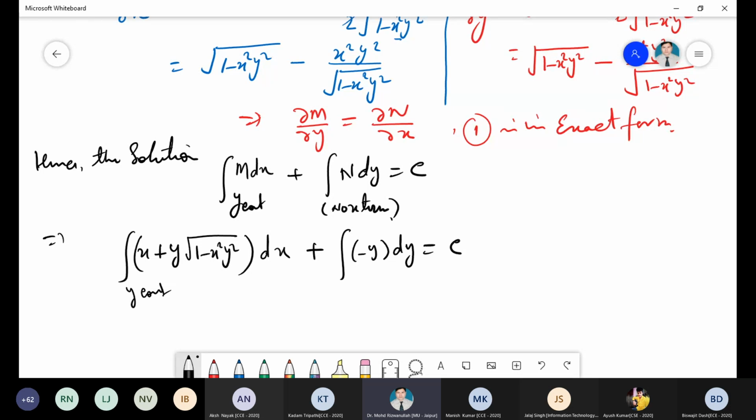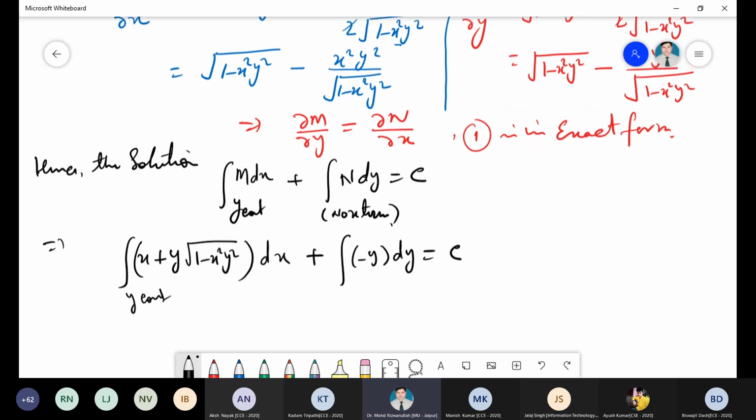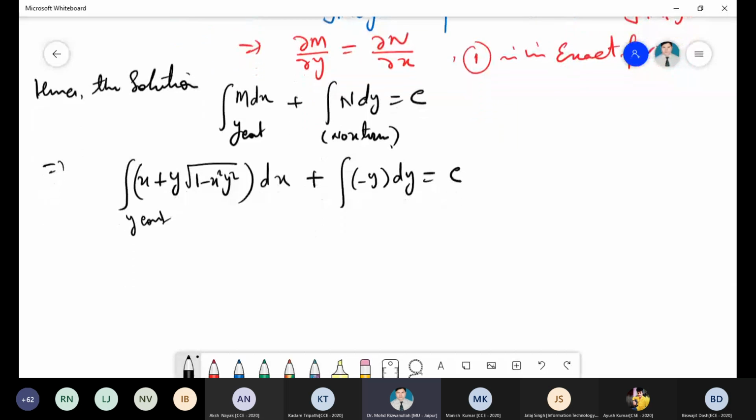Now integrate this with respect to x. So we will get here x square by 2, and then plus, what is the integration? This is taking the same y into square root of 1 minus x square y square. Y is constant.